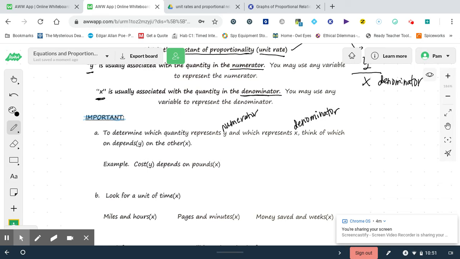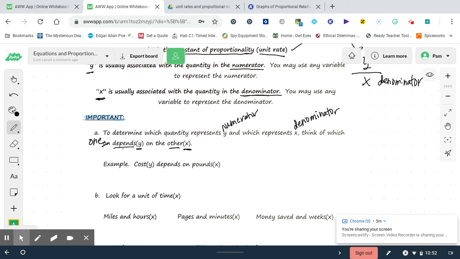Think of which one depends on the other one. The one that depends on something else, which we call the dependent variable, is called y. The other one is called x. It's more like your independent variable.